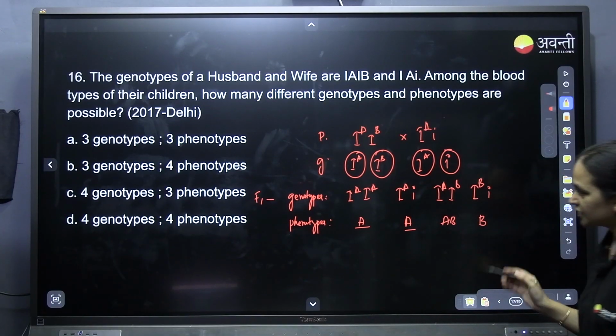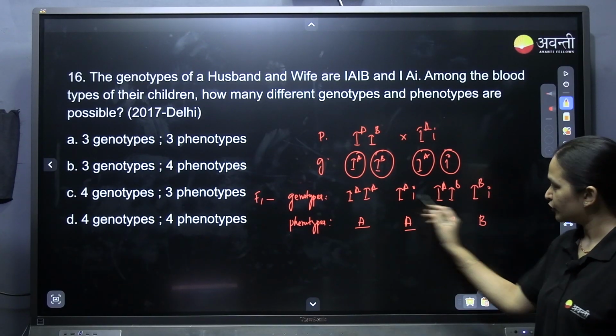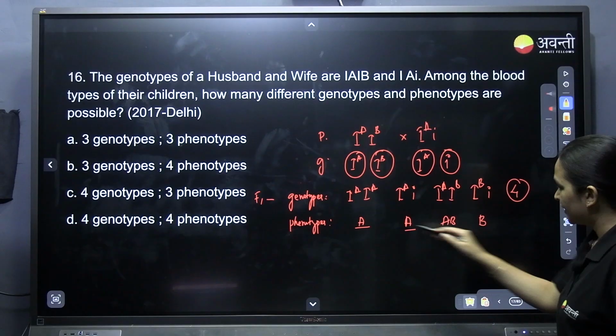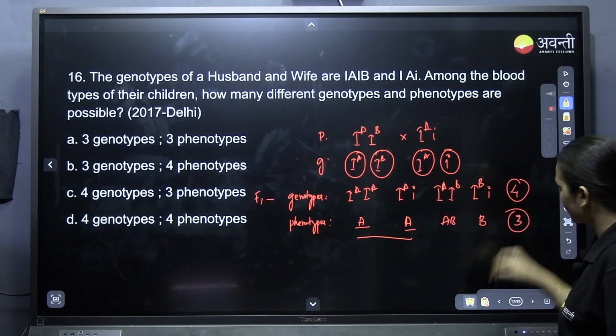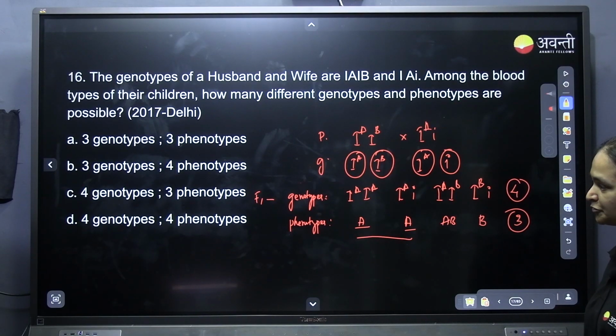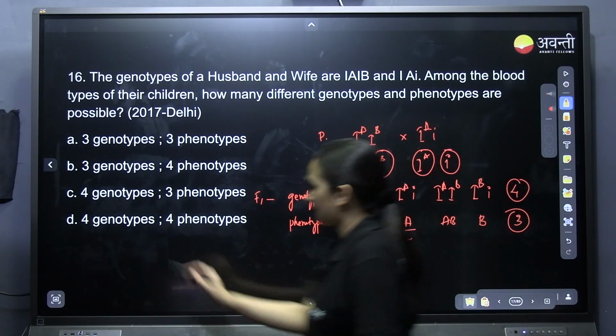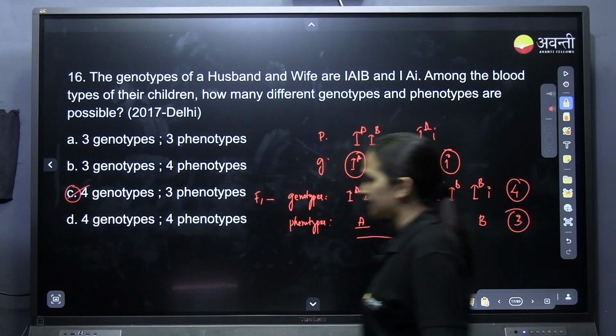So if you see, the genotypes are 4 different types, and the phenotypes A, AB, B are 3 types. So we get 4 genotypes and 3 phenotypes. Which is the correct answer? Option C is the correct answer.